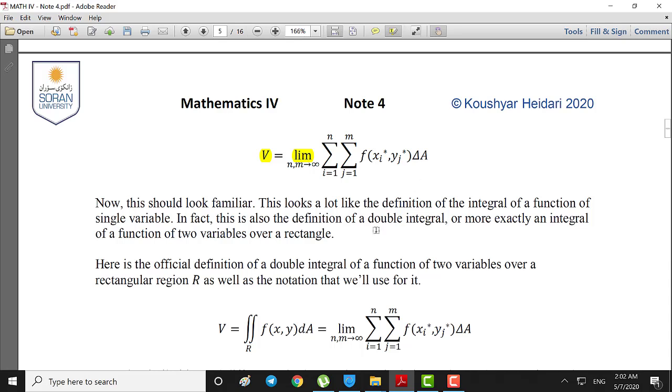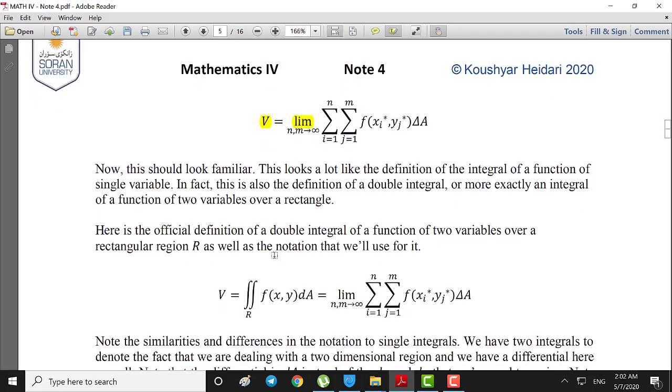So, the official definition of a double integral of a function of two variables over a rectangle, as well as the notation we use for it, is this.